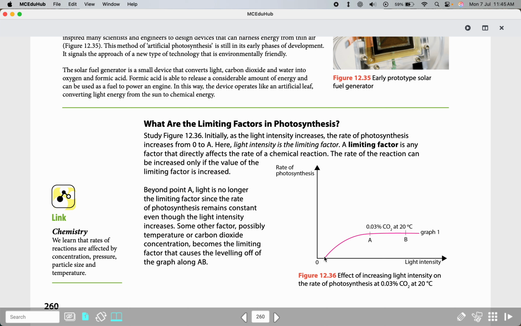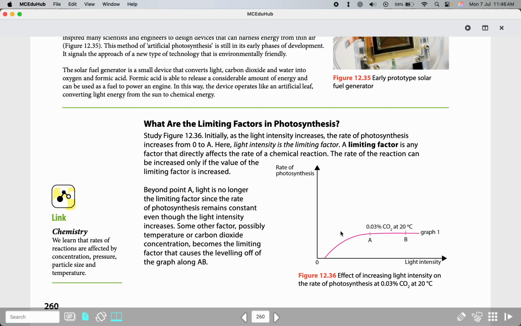From 0, when there's very low light intensity, as you increase the light intensity, from this point to A, light intensity is a limiting factor. Why? Because this is the factor that directly affects the rate of chemical reaction. And so the rate of reaction can only be increased if the value of this limiting factor is increased. In this case, light intensity.